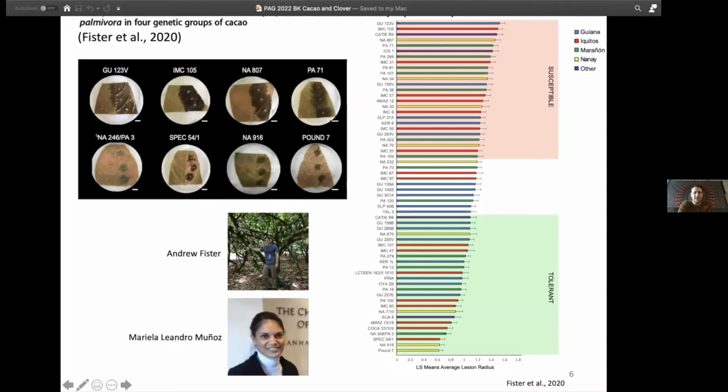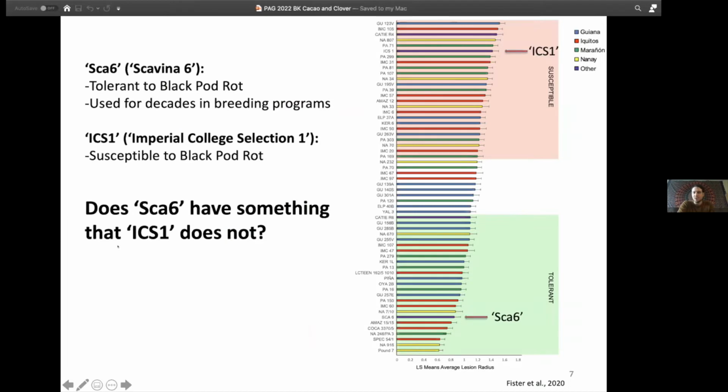For my PhD work, I decided to focus on two clones, one that is very tolerant to black pod rot and several other cacao pathogens and diseases, and one that is very susceptible. Scavina 6 has been used for decades in breeding programs for its broad spectrum resistance to cacao pathogens, and ICS1 served as the susceptible control in the work that I did. I asked the very basic question, does Scavina 6 have something that ICS1 does not, at the level of metabolites, that is?